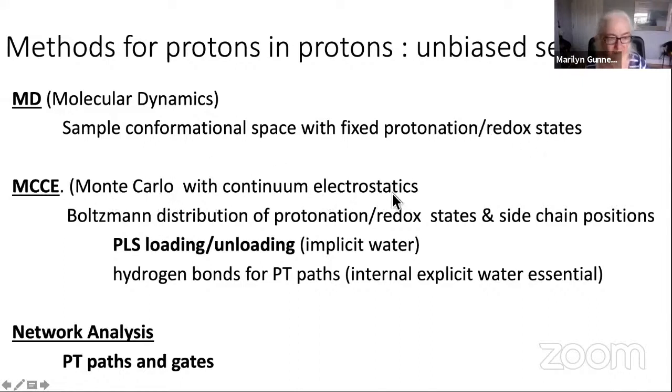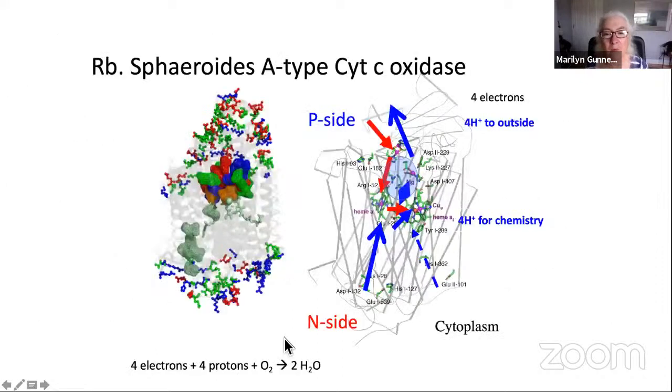And then we use MCCE, which lets us find the equilibrium protonation states and also the equilibrium hydrogen bond states that are consistent with the backbone that we got from either molecular dynamics or from a crystal structure. And then we use network analysis to find the proton transfer pathways.